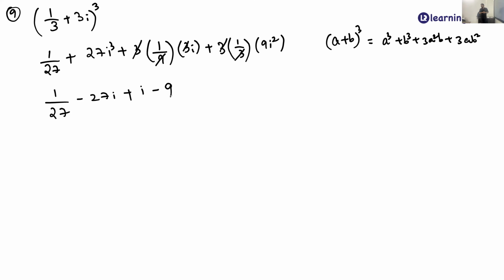1 by 27 minus 9. 27 into 9 is 243. So this is minus 243 plus 1, which is minus 242 divided by 27.